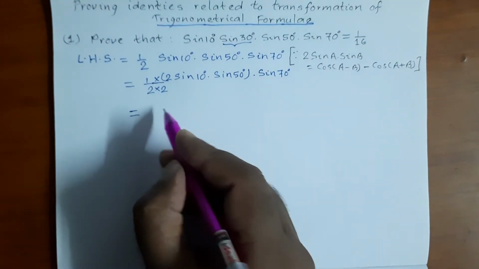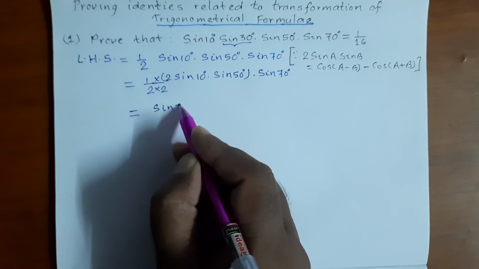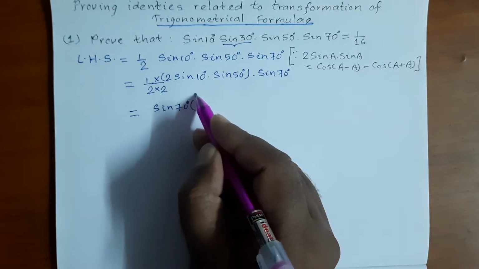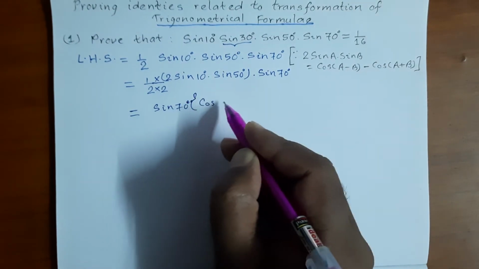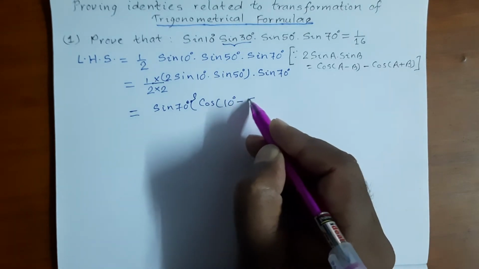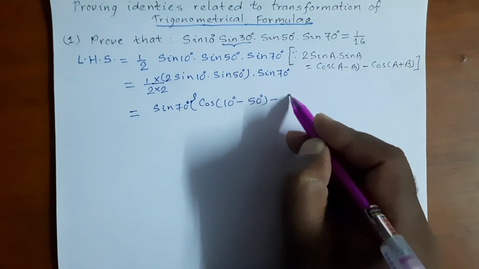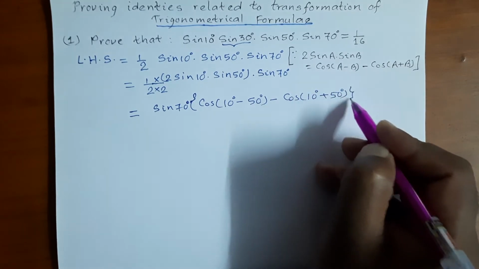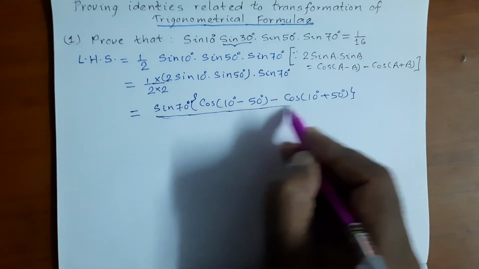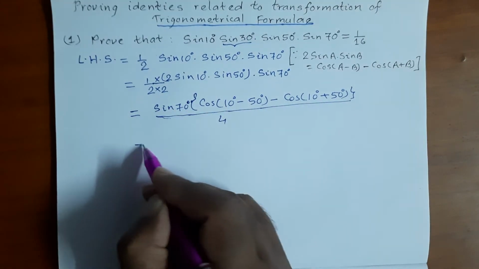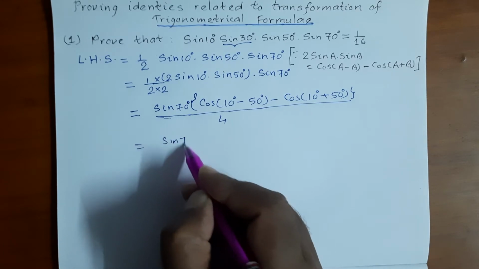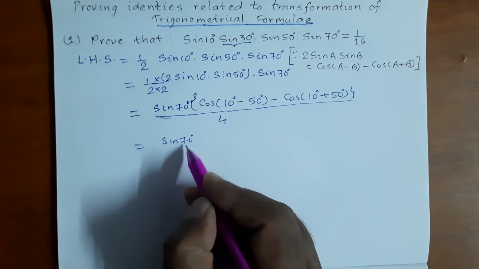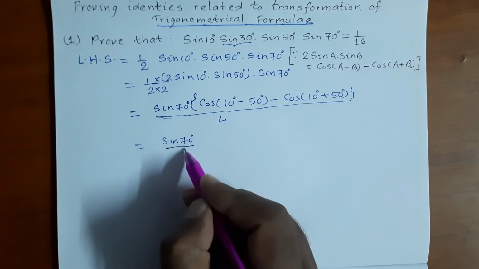So we write sine 70 degree at first, and using this formula we write cos 10 degree minus 50 degree minus cos 10 degree plus 50 degree, over 2 to the 4. For convenience we assign 70 over 4 here.